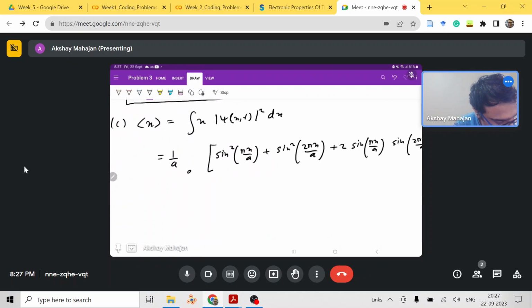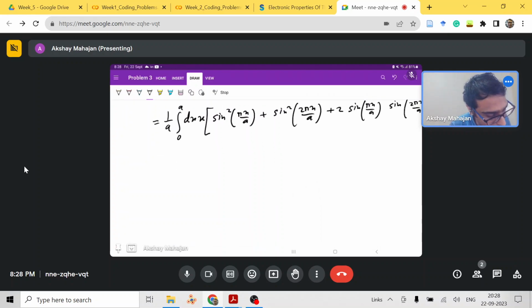So we will just write integration here, 0 to a dx times x. Okay, 1 by a I have already taken out because it is independent of x. Okay, so now we have this big integral problem to solve.